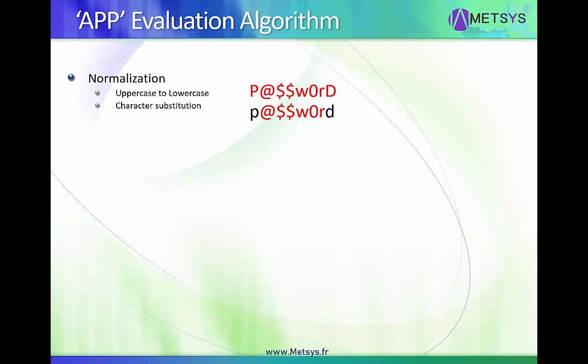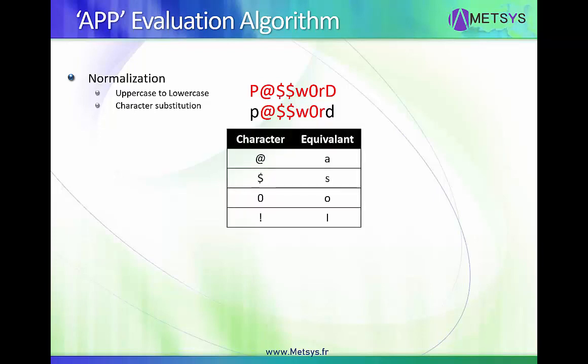The second process is called character substitution. Special characters of a password will be changed to their equivalent replacement. For that to happen, Azure Password Protection will run a query against the password, and it will change all the unique characters that can be replaced by a letter. A clear example of the table looks like this: @ is equivalent to A, $ for S, 0 for O, and things like that.